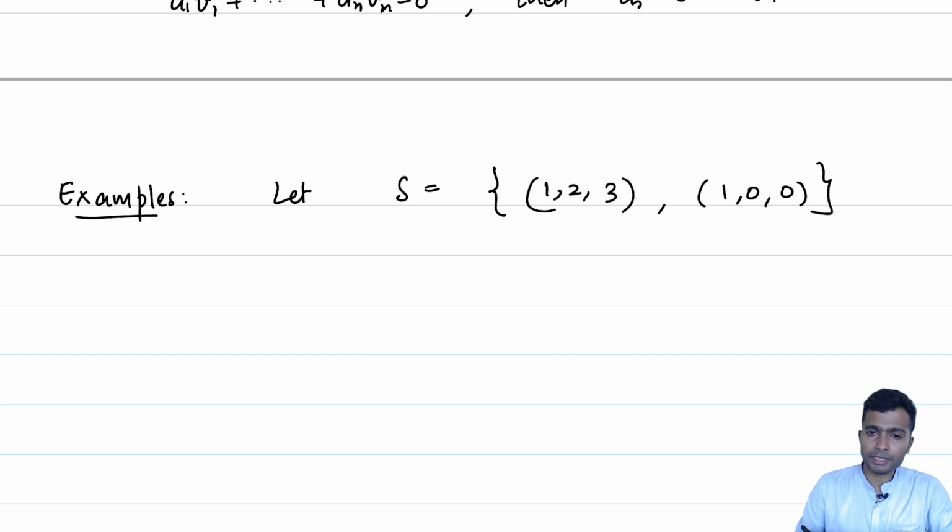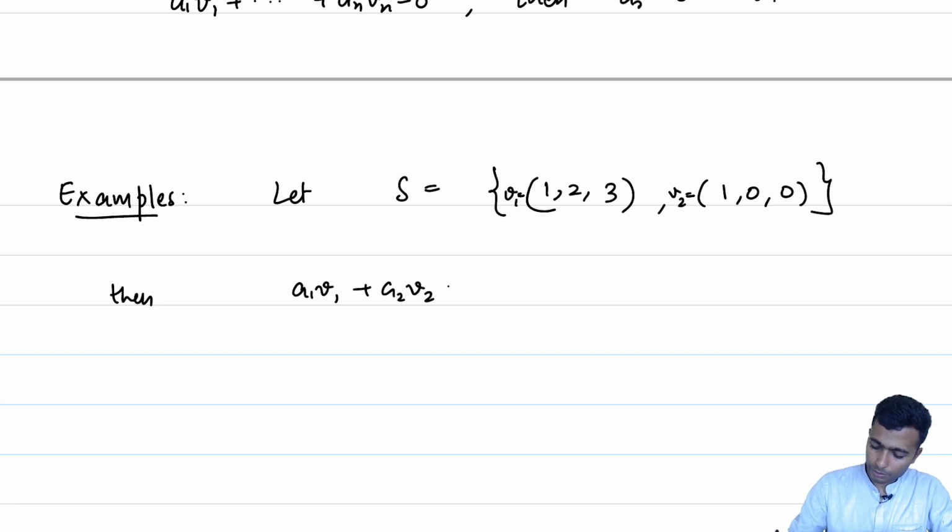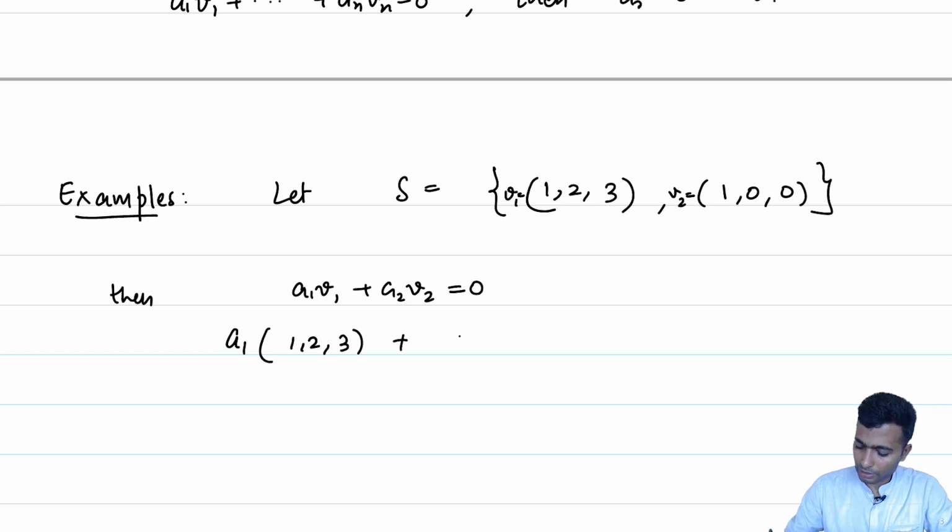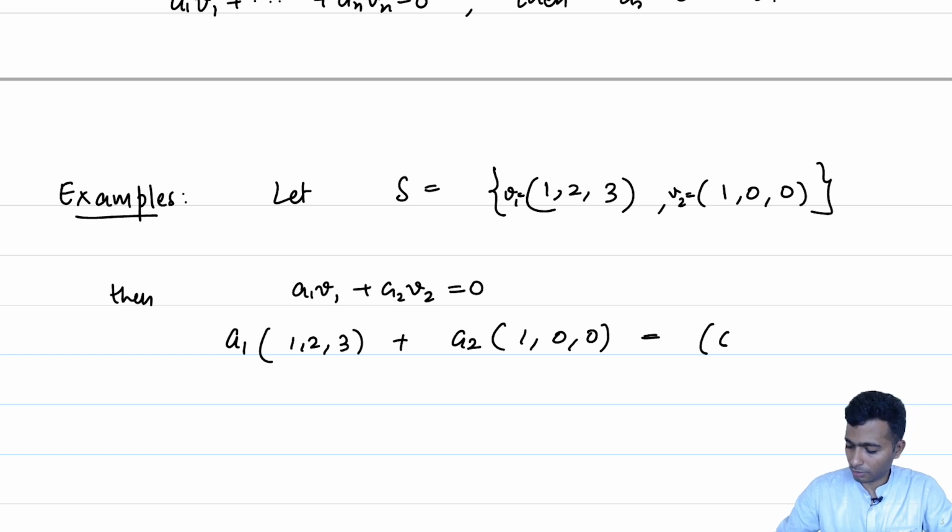Here this is a finite set. So, consider any linear combination of our vectors v1 and v2. Then a1 v1 plus a2 v2 is equal to 0. The 0 vector can be rewritten in the following manner: a1 times (1, 2, 3) plus a2 times (1, 0, 0) is equal to the 0 vector, which is (0, 0, 0).